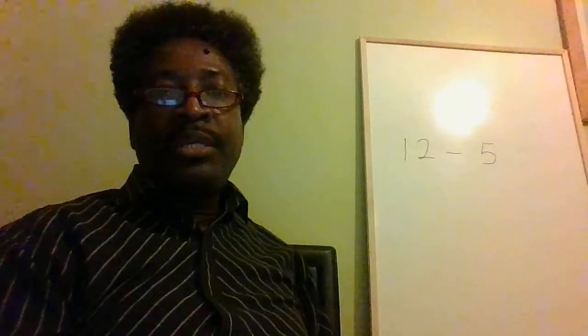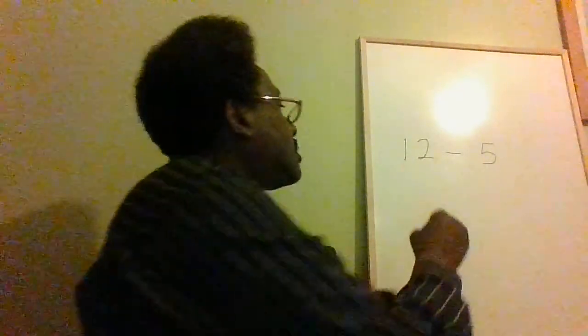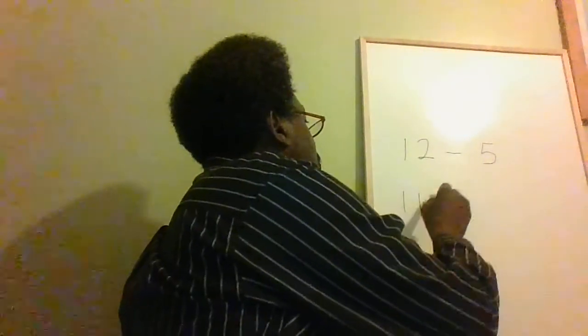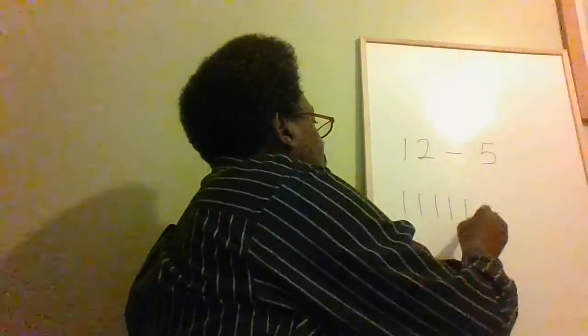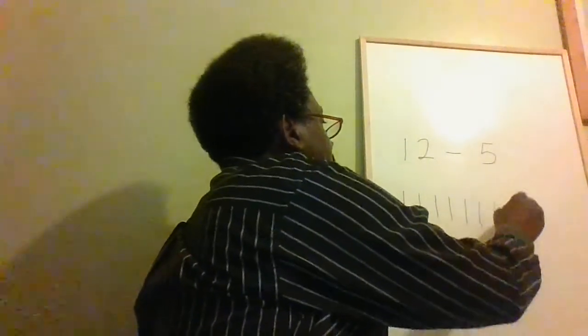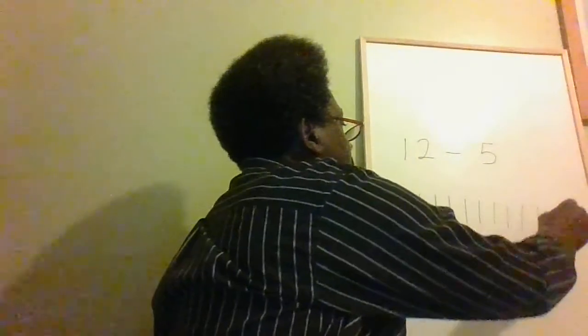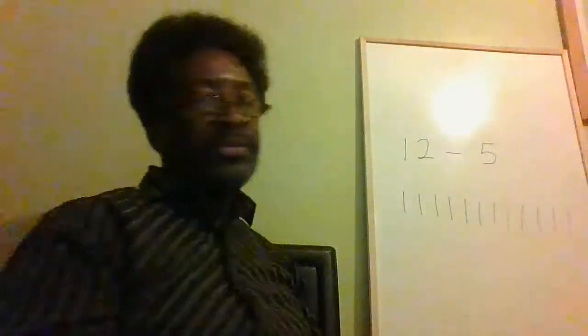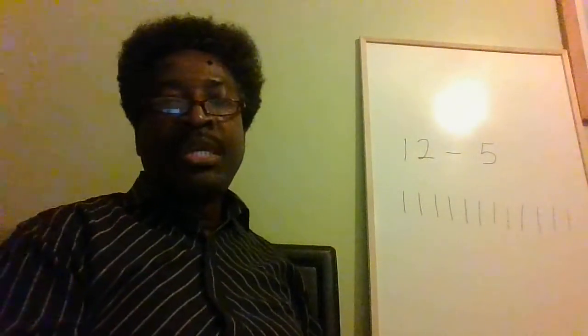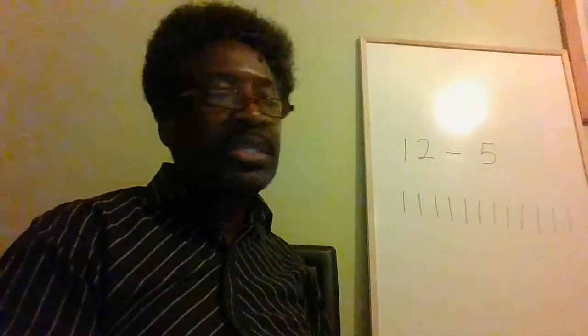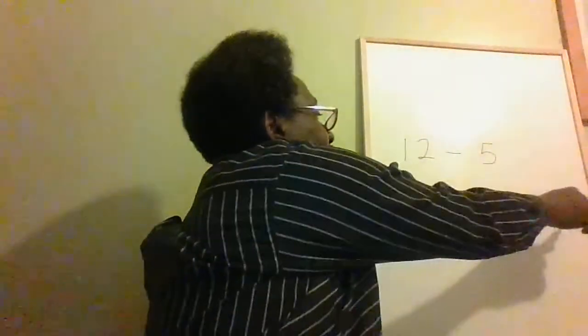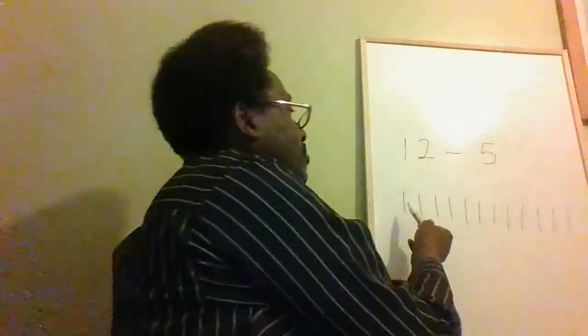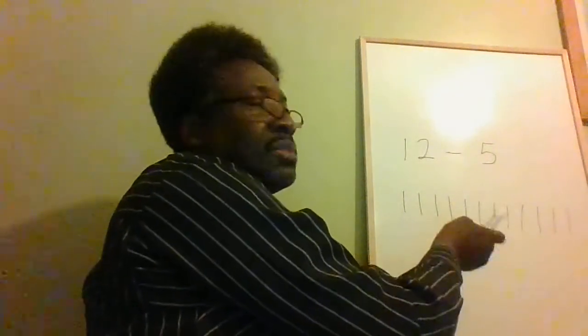So the long way, 12 sticks, 1, 2, 3, 4, 5, 6, 7, 8, 9, 10, 11, 12. And then you take away any of those 5 sticks. I like taking it away from that side. I can take it away from this side. It doesn't matter.